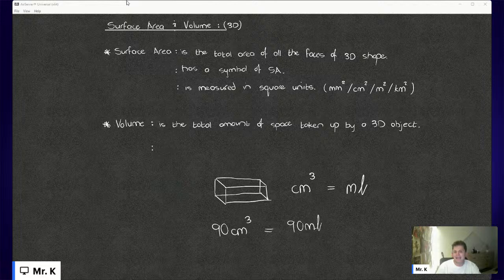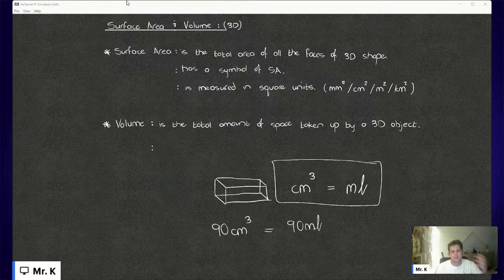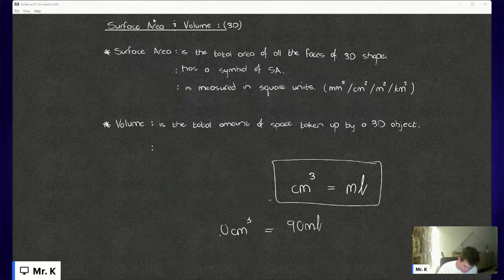These are not exactly the same thing, we can convert between these. I'm just explaining to you guys that if it doesn't make sense for me to say we are looking for the total amount of space taken up by a 3D object in our three-dimensional plane, you can also think of it as how much fluid can I fill into a specific object. Only because of this fact over here. That's just something on the side that might be interesting to some of you.